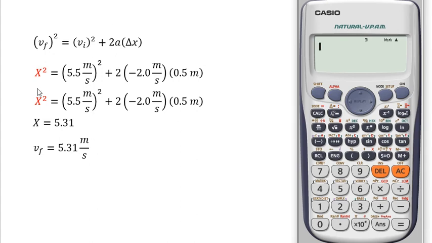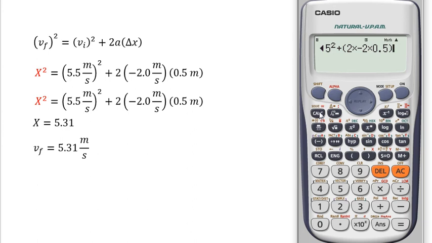Okay, here was a problem a while ago. The same problem from a while ago, but this time around, let's use the solver to get the x, or the final velocity. So we have the x on the left side, square the x, get the equal, alpha, and then the calc to show the equal sign, squared plus quantity 2 times negative 2 times 0.5.